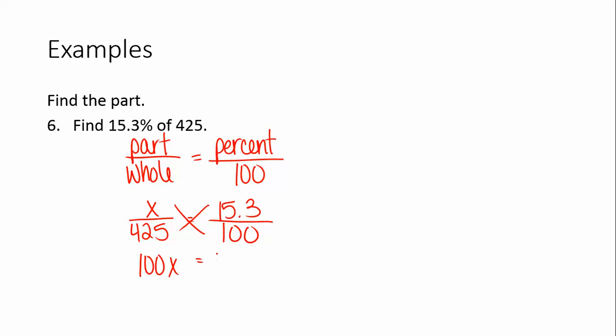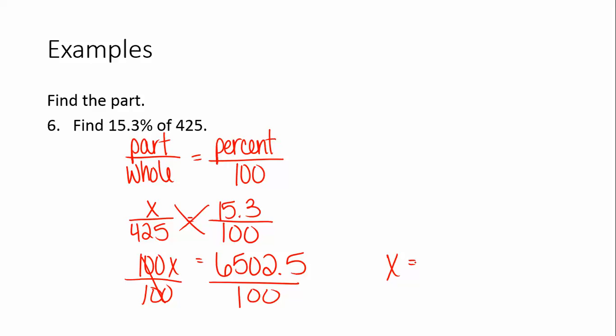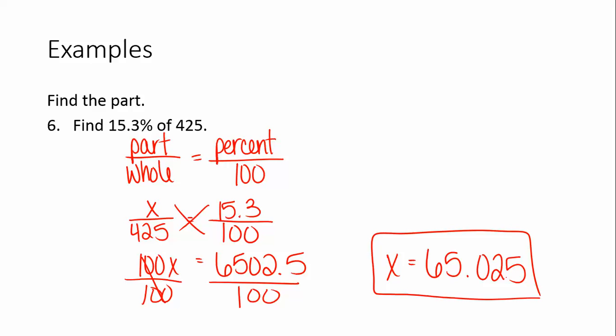And we get 6,502.5. Divide both sides by 100. And we get that x equals 65.025. Essentially, you're just moving the decimal place 2 to the left since we're dividing by 100. So that means that 65.025 is 15.3% of 425.